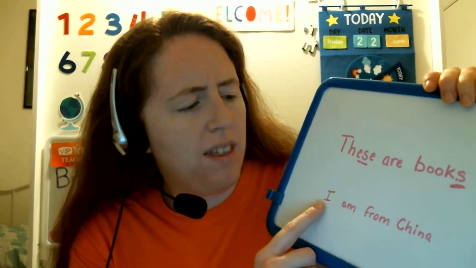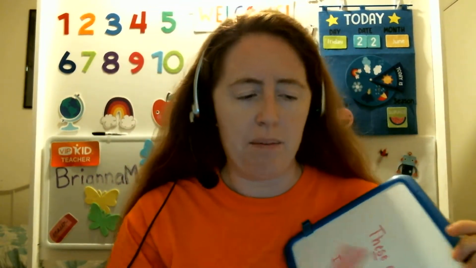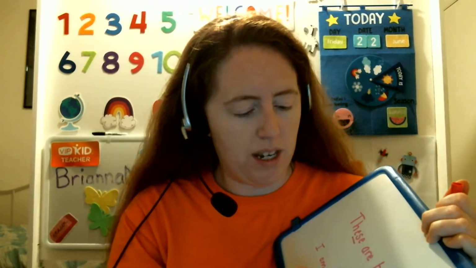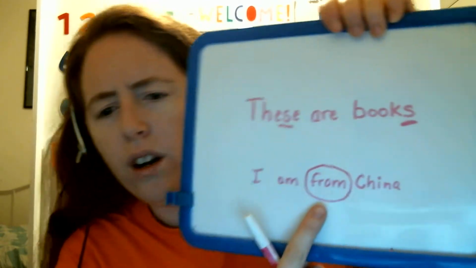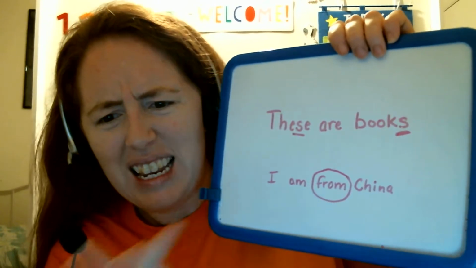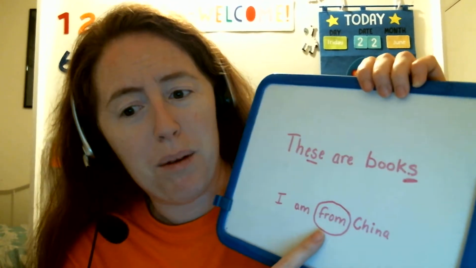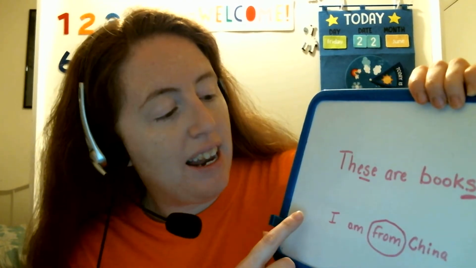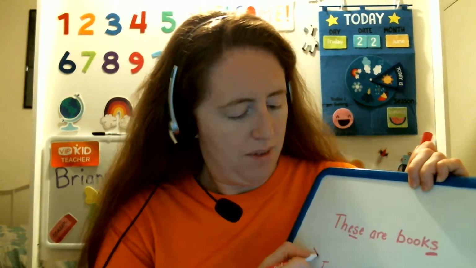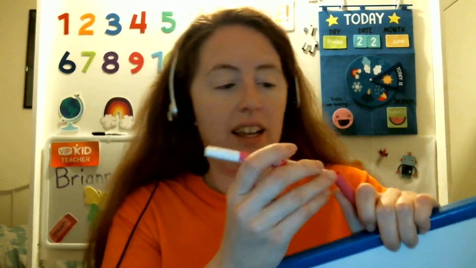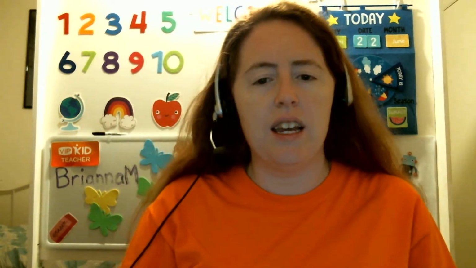If a student read this, I am for China, I would, in my classes, if the student is an older student, this is a level 4 lesson, circle the word and ask them, what is this word? And then they usually will be able to tell me on their own. And if I have time, I'll ask them to reread the sentence. So they'll reread it correctly. That is one way I correct with the older students.